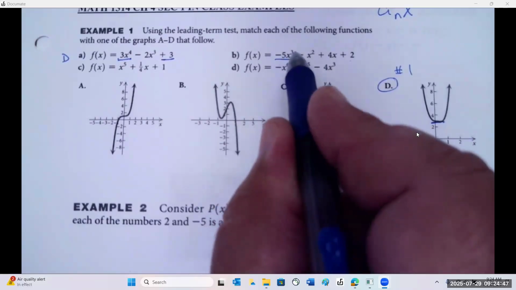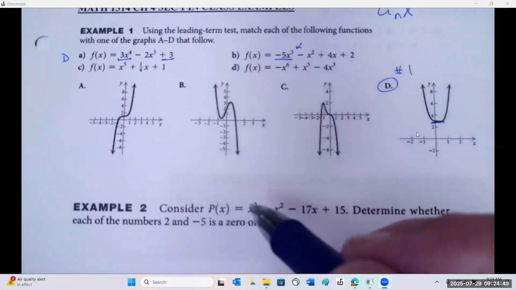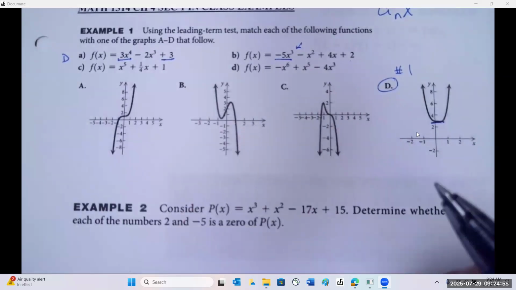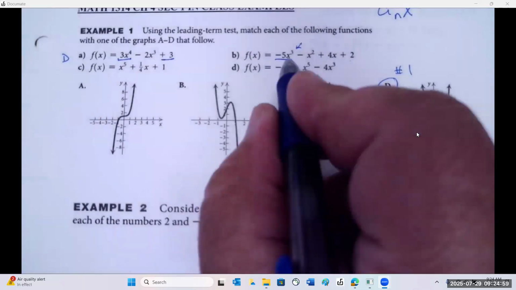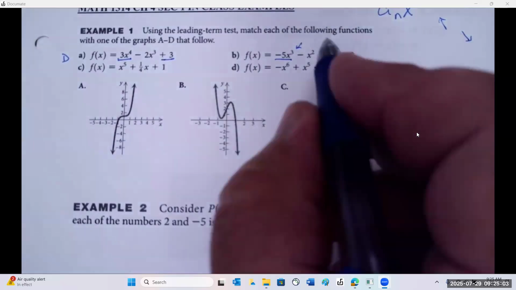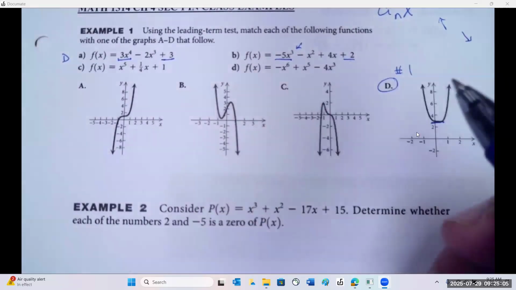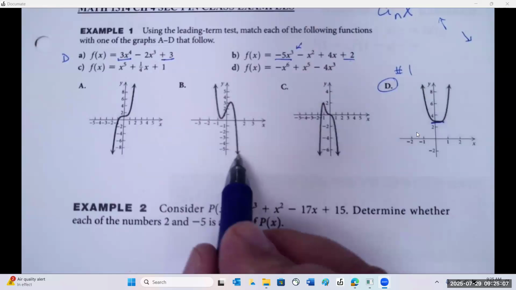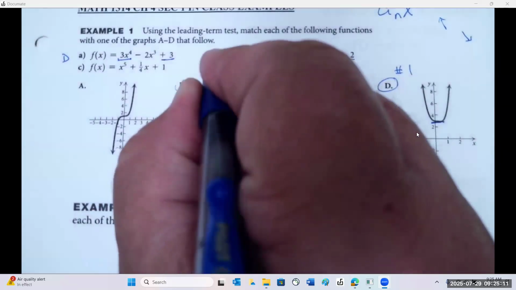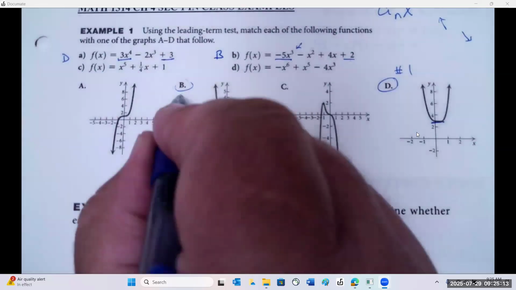Because it's odd, they point in different directions. Since this is negative, right-hand side points where? Up or down? Down. So we know that the right-hand side goes down, the left side goes up, and it crosses through 2. So there you go. This is B. This is number 2.